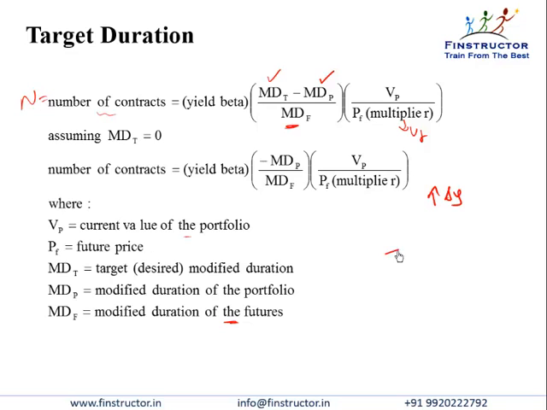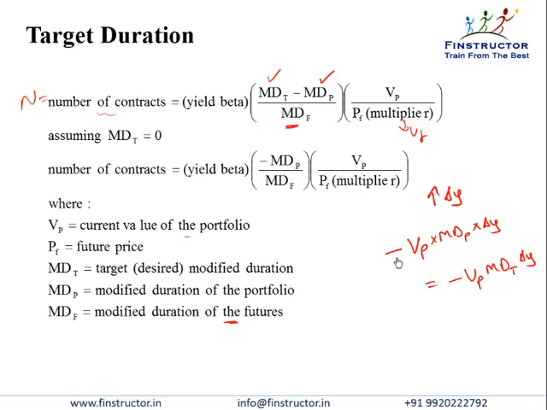It will be minus of the value of the portfolio into the modified duration of the portfolio into delta Y. What we actually want is that the modified duration should behave as though it is the target and not MDP. So what we want is that the change should be equal to minus VP into target modified duration into delta Y.